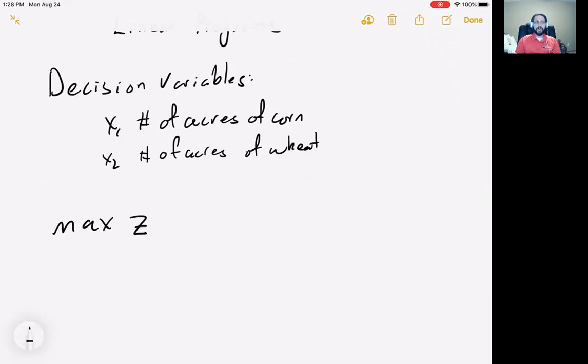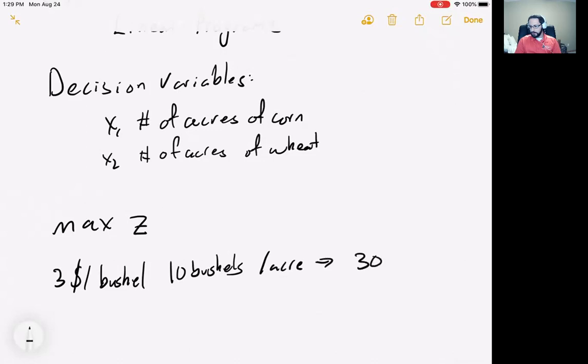Let's take a look at how we would calculate Z, knowing that $3 per bushel of corn is how much we're going to be paid, but we have 10 bushels of corn per acre, which yields $30 per acre of corn.